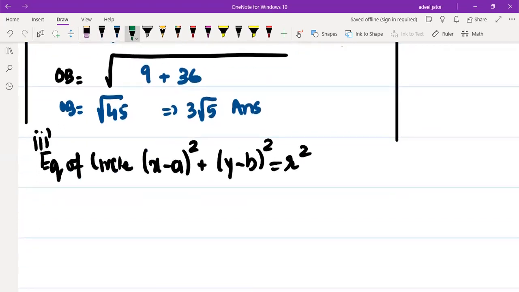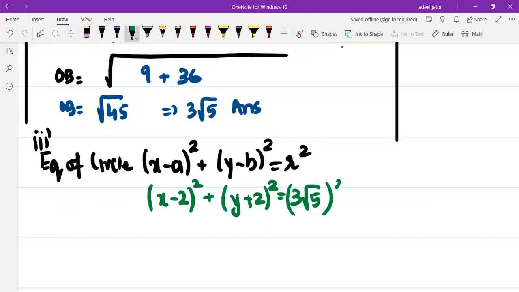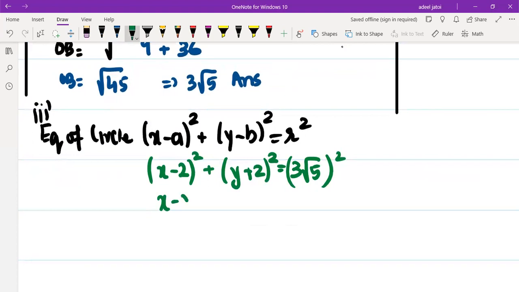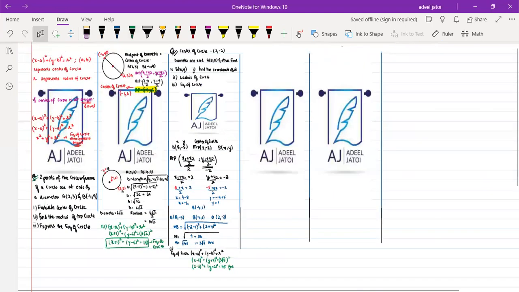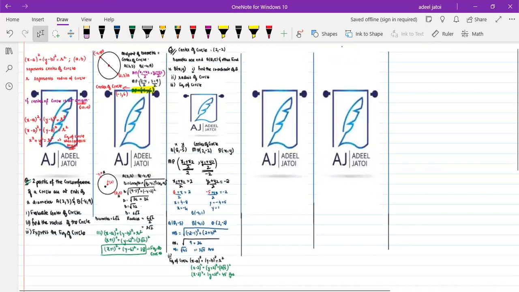So what we can do is x minus 2, because the center was 2, and y plus 2 whole square, and this should be 3 under root 5 square. So the final answer should be x minus 2 whole square plus y plus 2 whole square, which is equal to 45. So this is your equation of circle for part 3. Equation of circle is your topic.